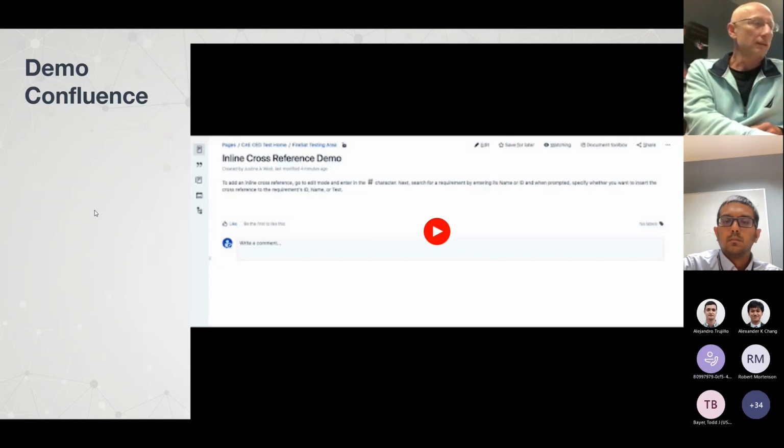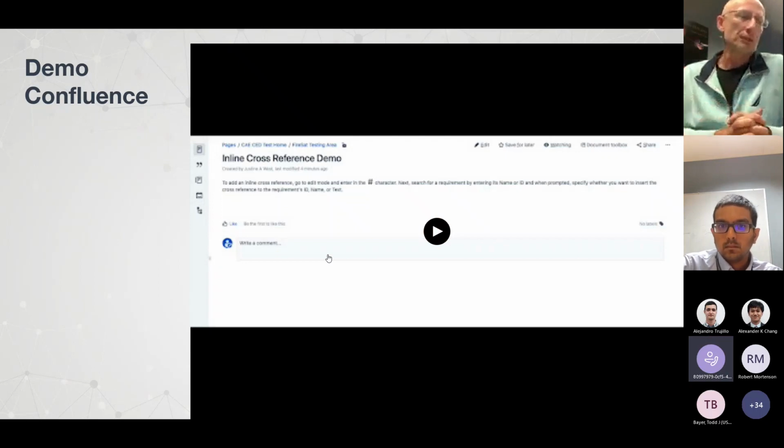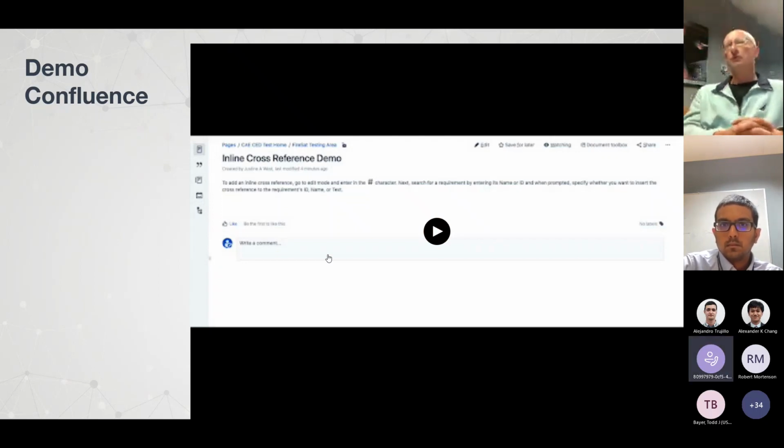More recently, the OpenMBEE community has been building a view editor implementation based on Confluence.